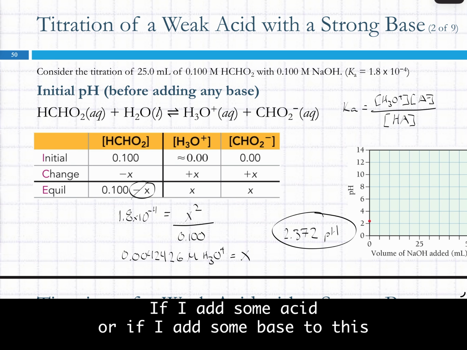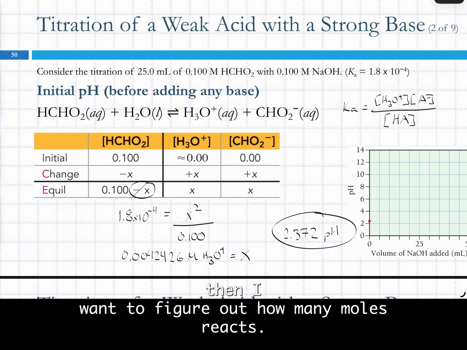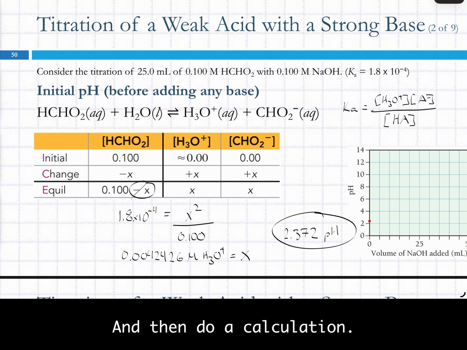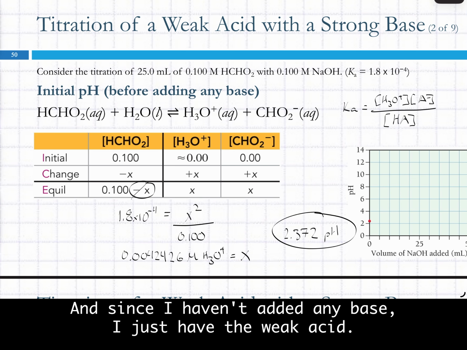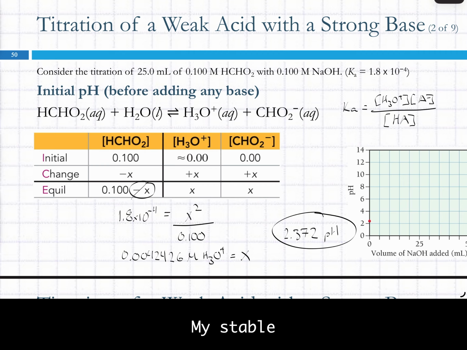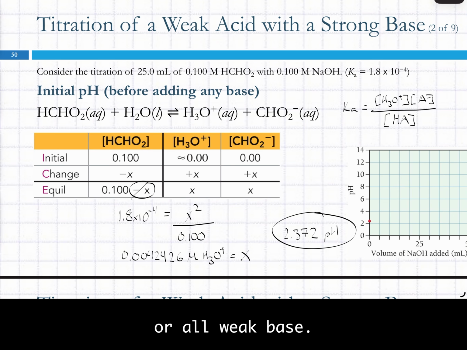If I add some acid or if I add some base to this, then I want to figure out how many moles of the base reacts with how many moles of the acid, and then do a calculation. But since I haven't added any base, I just have the weak acid, I'm just doing concentration. This equilibrium ice table, like the last couple chapters. And that's going to be the case when you have all weak acid or all weak base.